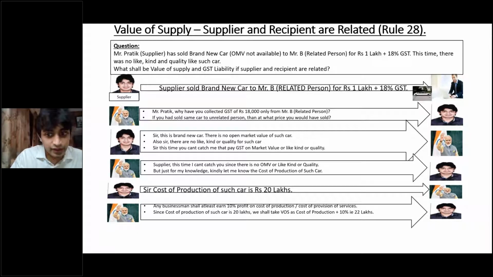What was my cost? 20 lakh. So value of supply will be how much? 22 lakhs. So I will have to pay GST on 22 lakh rupees.